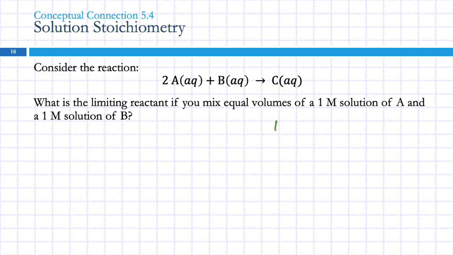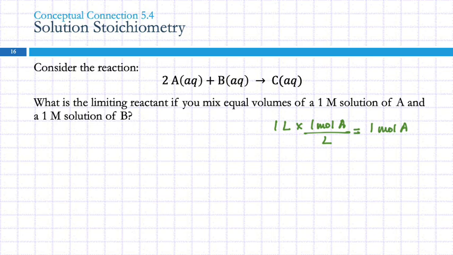So 1 liter times 1 mole of A per liter gives me how many moles of A? 1 mole of A, right? If I had 1 liter of 1 molar B, how many moles of B would I have?